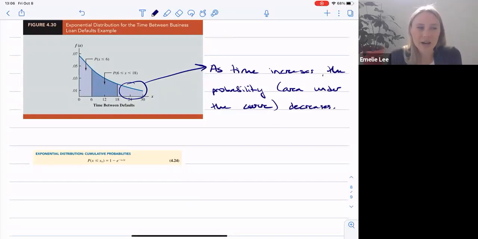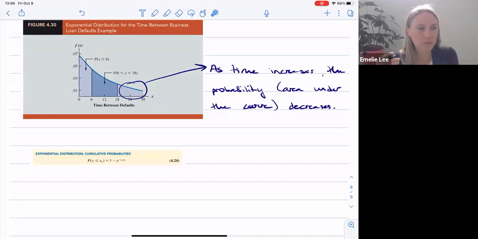In a lot of money situations or biology situations, we have exponential distributions. Here we focus on this: as X increases, the probability decreases.